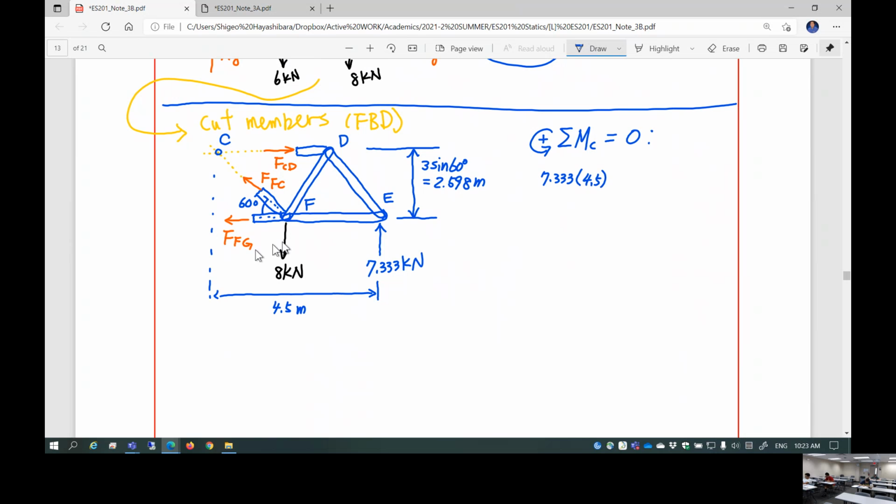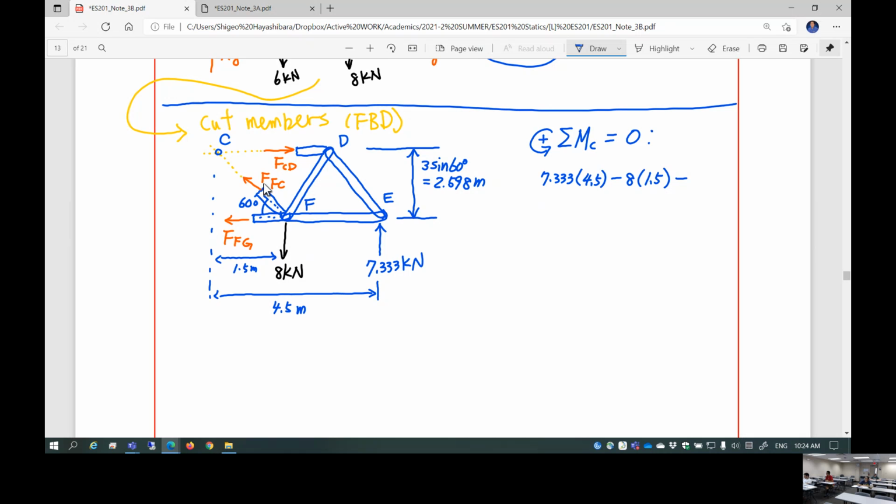This is going to create a positive moment around point C. And 8 kilonewton, this actually creates negative moment. 8 kilonewton times that. What is that? That's just one. This is 1.5, right? Okay, so this is 1.5 meters.